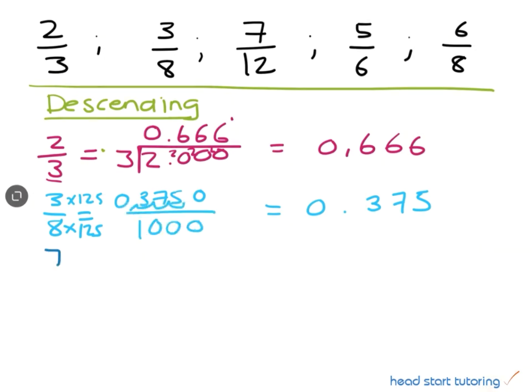We then have a look at 7 over 12. So 7 over 12, again, we will do in our division house. 12 into 7 doesn't go.